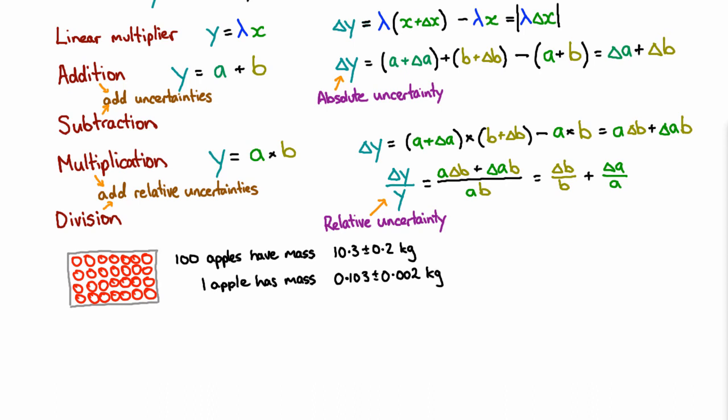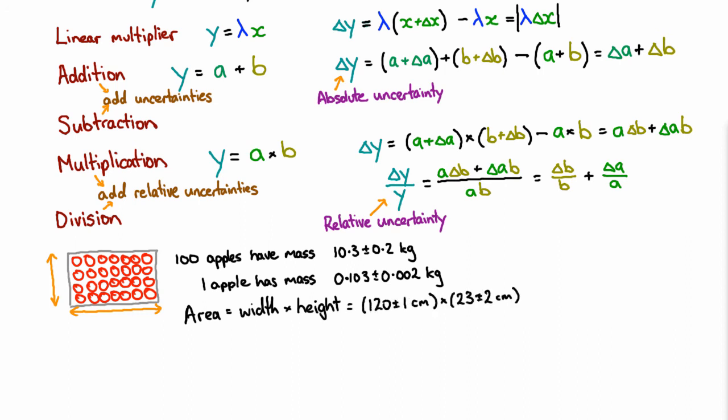Now supposing we wanted to know how much area the box has on one side, and we measured its height and its width. And if we measured some values for the width and the height with a particular uncertainty, then it's easy enough to get the average area. We simply multiply our width by our height. But what do we do for the uncertainty? Remember, we have to add the relative uncertainty.